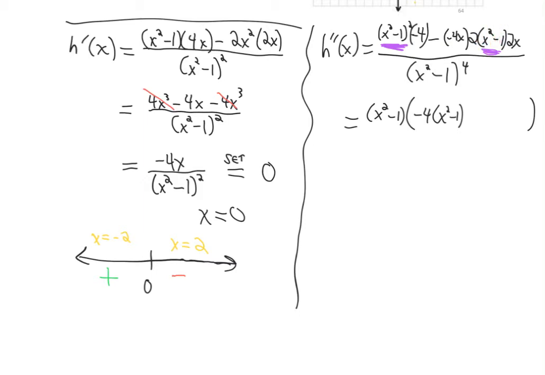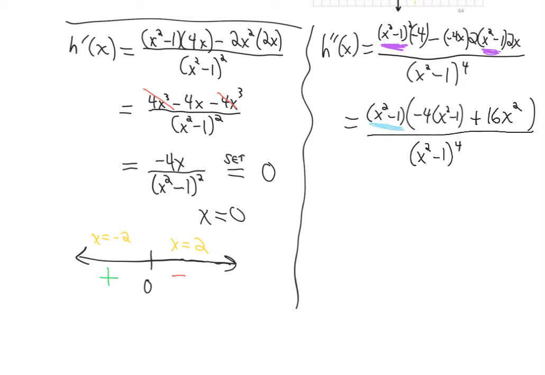I still have, so minus negative 4x times 2 times 2x. That combines to be plus 16x squared. So plus 16x squared. And this is all over x squared minus 1 to the fourth.